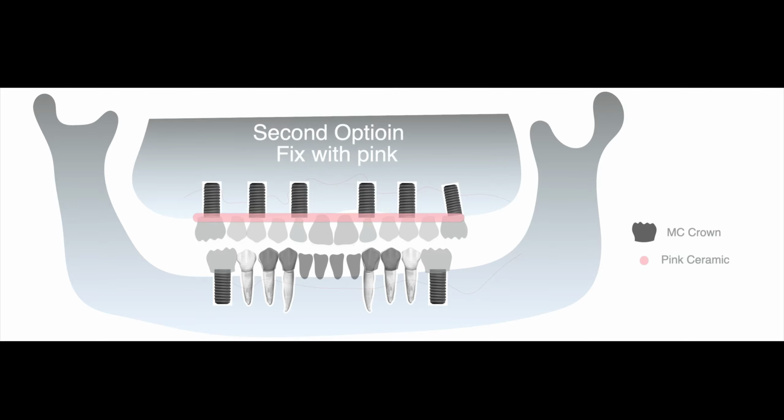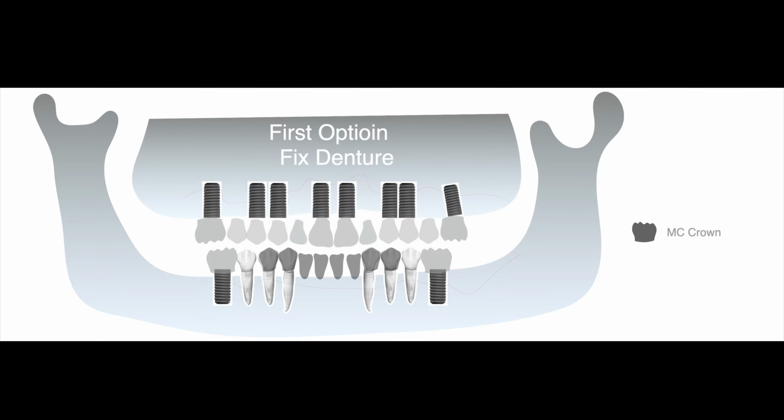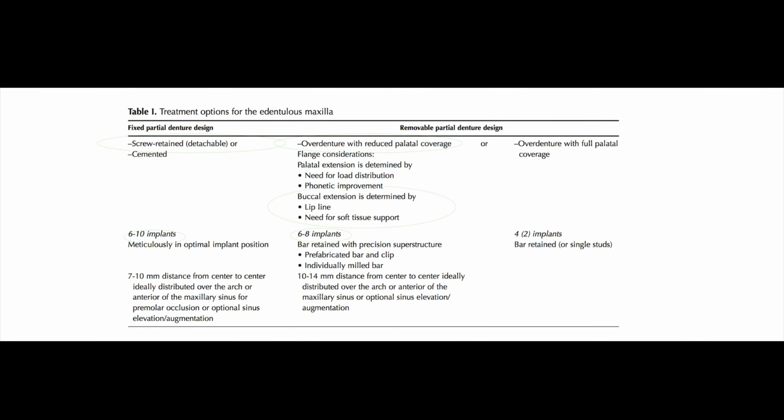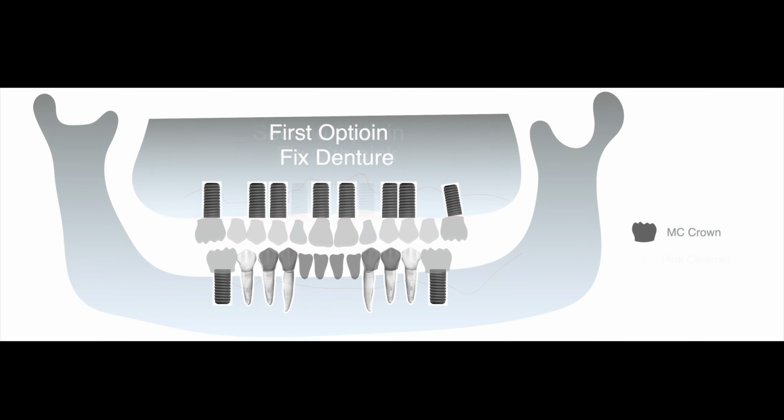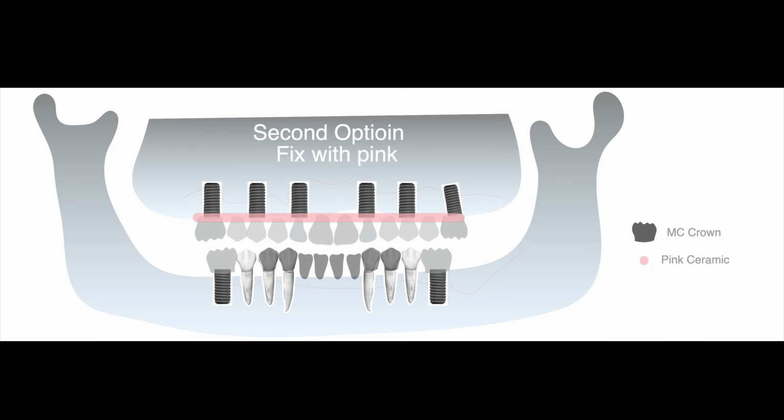Well, our first option, if we have to extract, could be implants directly in the tooth sockets, if we don't need posterior support, or depending on the length, maybe we have to put pink ceramic to design the gingiva, and that will help.